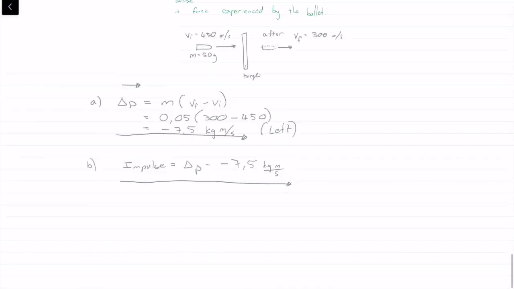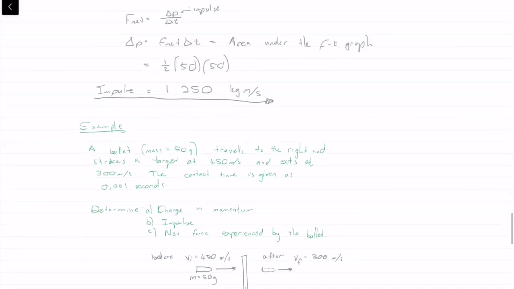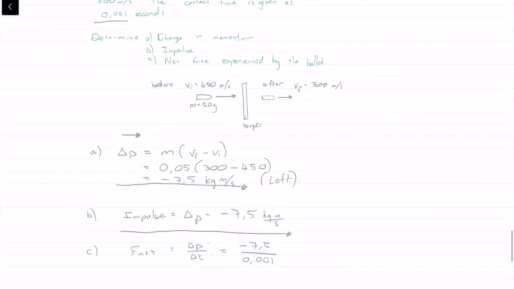And then finally, we want the net force, C, and we know that F net equals delta P over delta T. Okay, and we've calculated delta P, and we have been given delta T, so we can say it's minus 7.5 over 0.001, which was given in the question right here.